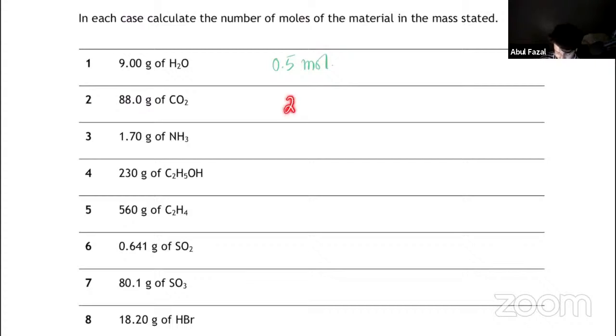I think this is just 2. I think people can find the confidence and just do it orally without writing anything down, especially the first few. I think the third one is 0.1. Fourth one, I don't know. What's the MR?